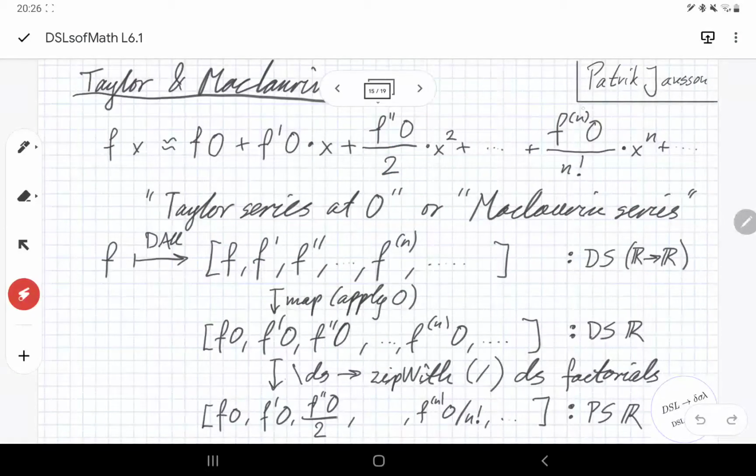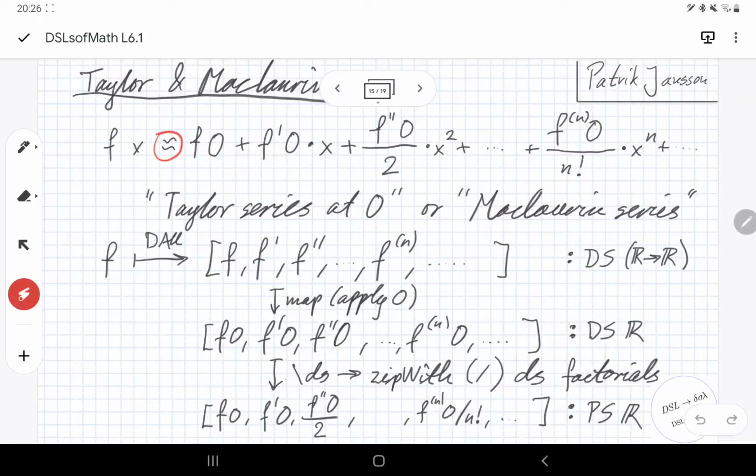And in general, if we take n derivatives of x to the power of n, we will collect n times n minus 1 times n minus 2 times 3 times 2 times 1, the factorial of n, as the factor, to change the derivative at 0 to get the right coefficients in front of the x to the power of n term. And this just continues infinitely if we want to make the power series version of it.